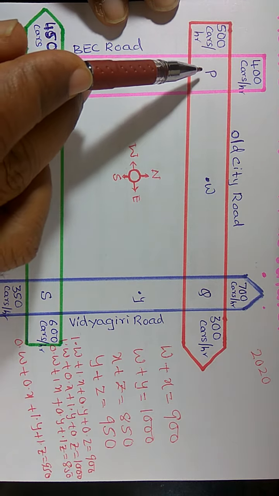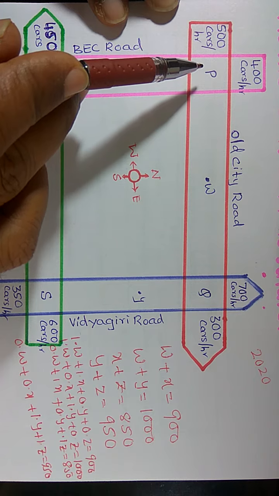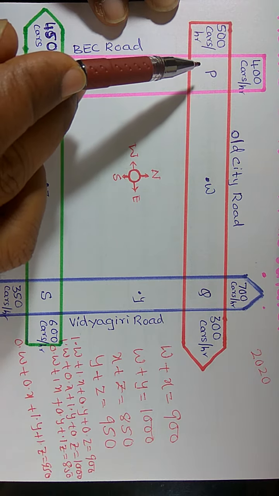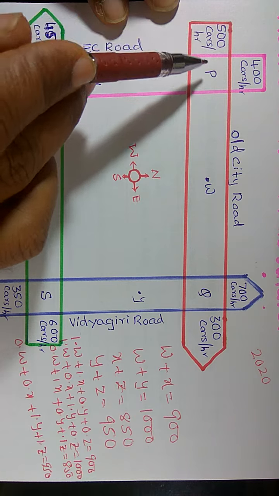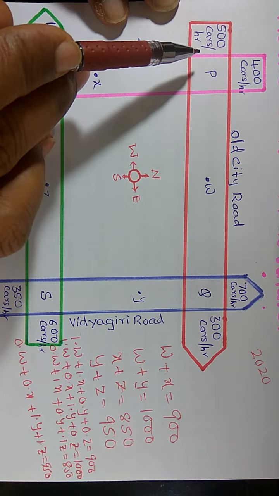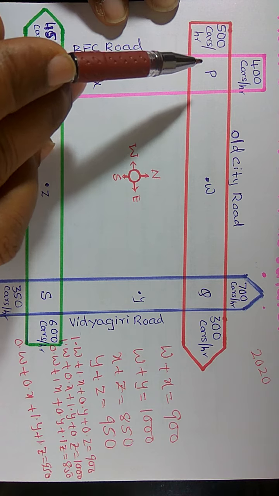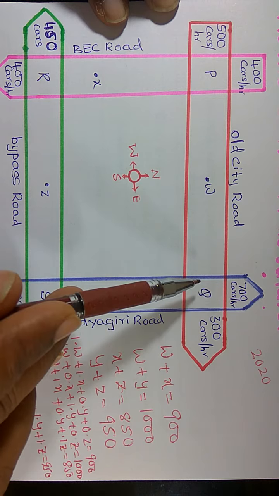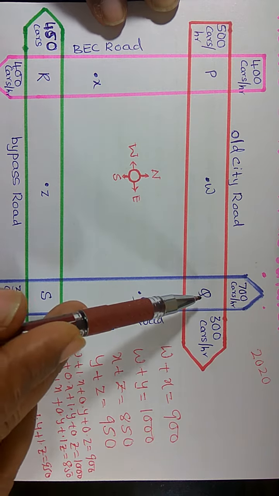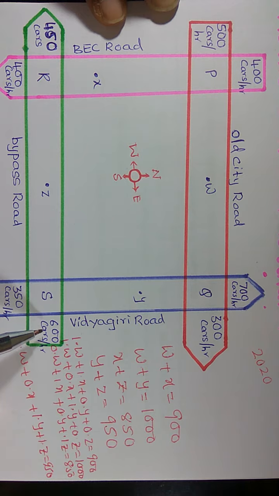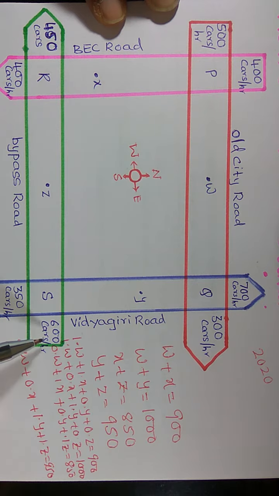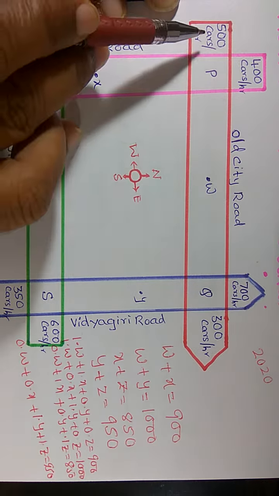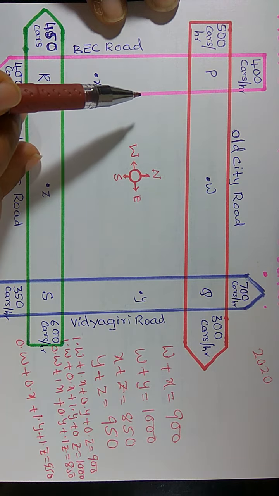So, for example, in this circle, how many cars are moving per hour? That is the question. Here it is given that 500 plus 400 cars cross this circle per hour, and similarly 700 plus 300, say 1000 cars, cross the circle Q. Similarly, 600 plus 350 cars cross the circle S, and 450 plus 400 cars cross the circle R. So input is equal to output, that can be assumed.